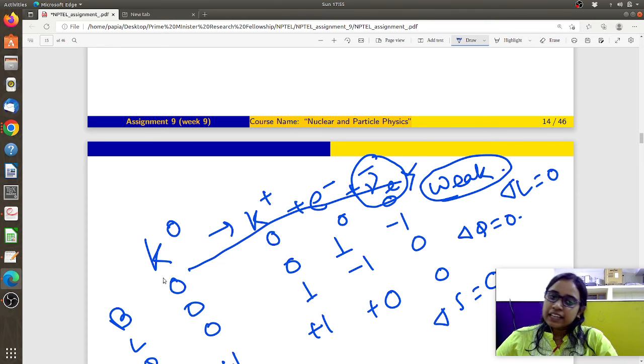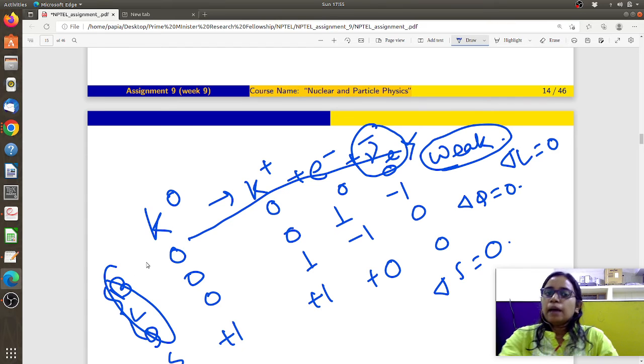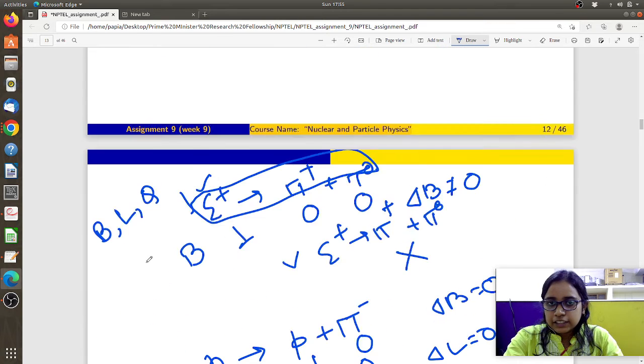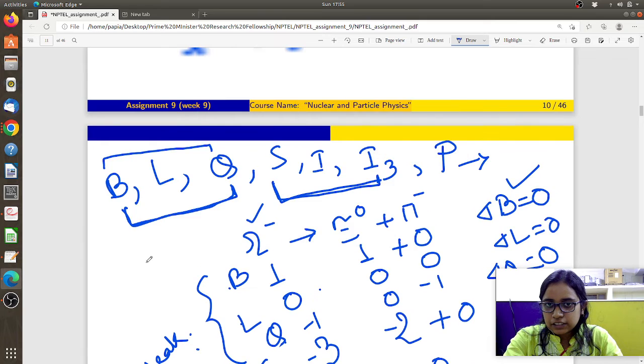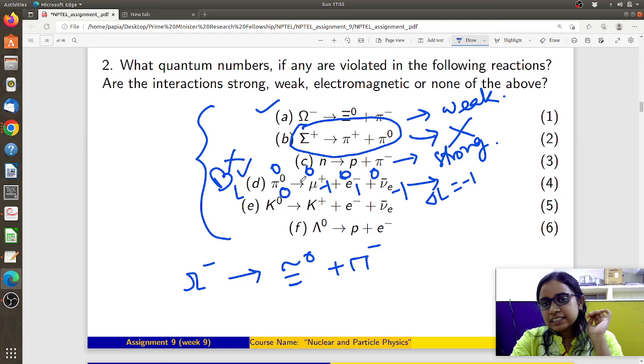But for that, at first we have to confirm that it is allowed by checking these conservation laws. Because in that question answer session, in the D question, pi 0 goes to mu plus e minus nu e bar.